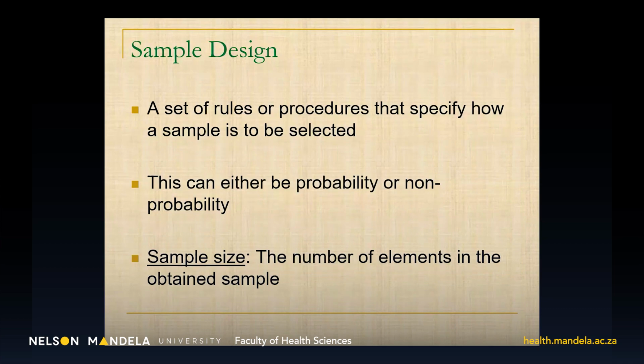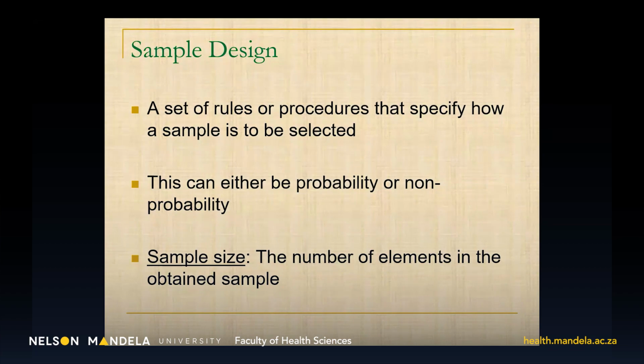Now, sample design is a set of rules, as I said in the introduction, research design, design of experiment, things like that. Sample design is a set of rules and procedures that you have specified as to how you will collect your sample. And this can either come from what we call probability or non-probability sampling. I will go into detail on this.